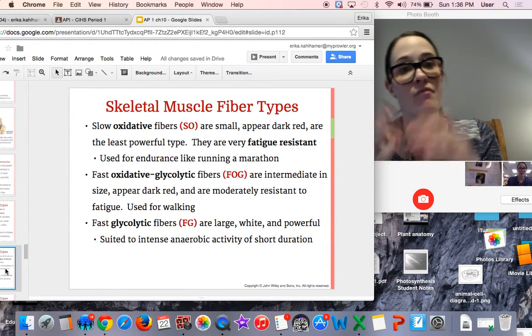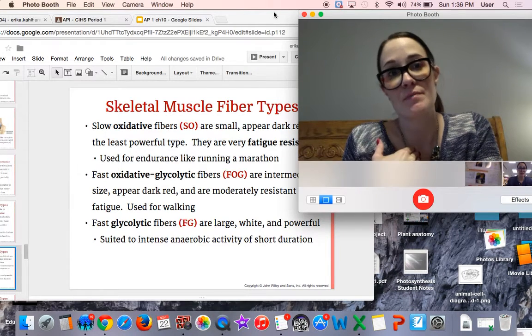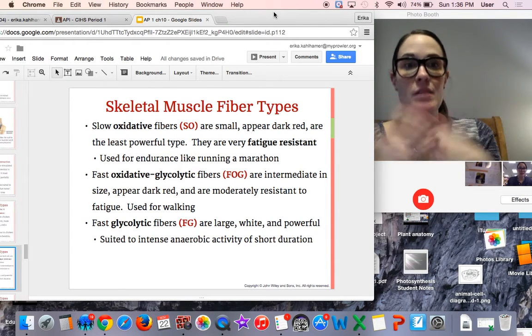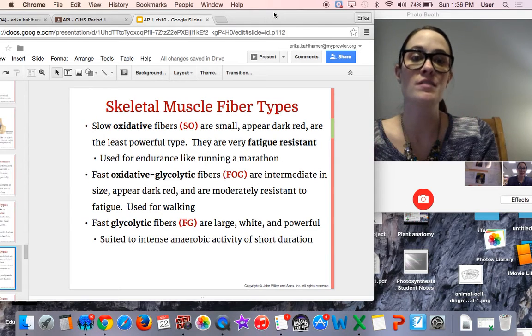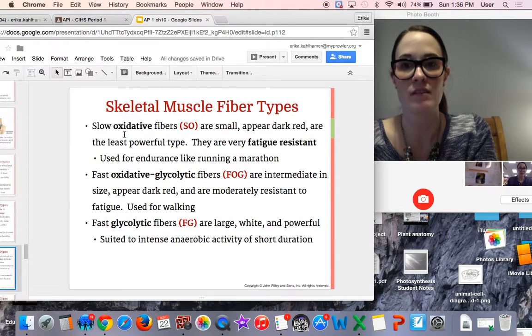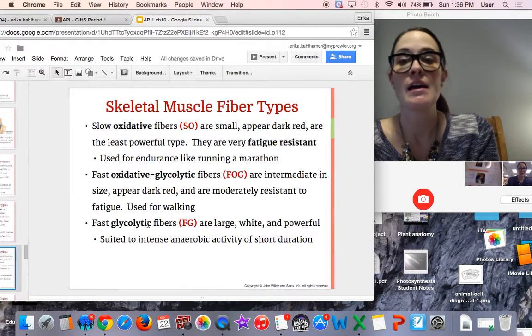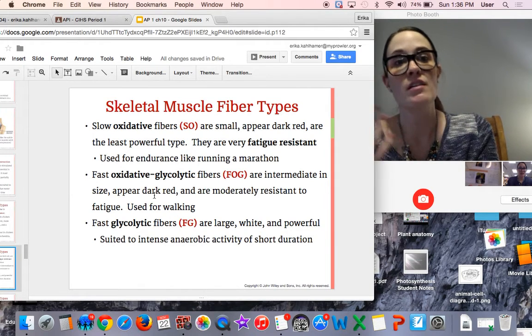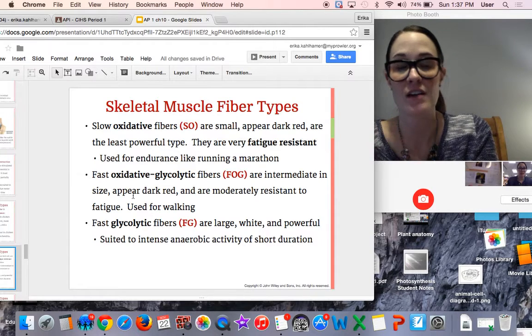If you think back to biology, learning about cellular respiration, essentially how our cells are able to produce ATP, glycolysis is the first step of that, and it doesn't require oxygen, so it's anaerobic. It's called glycolysis, so you can think of glycolytic as not requiring oxygen. And oxidative requires oxygen.